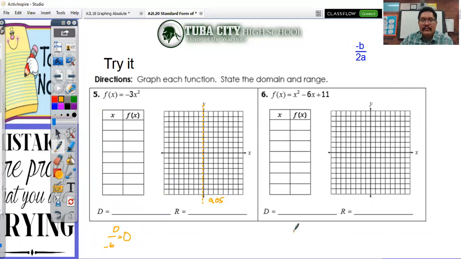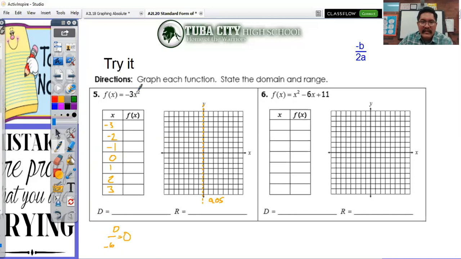Now we need to do our best to graph it with 0 in the middle. So I'm going to put 0 here and pick a few numbers going down, and a few numbers going up. Now we have to plug these numbers in and evaluate for them.